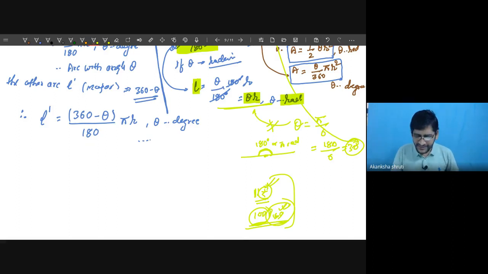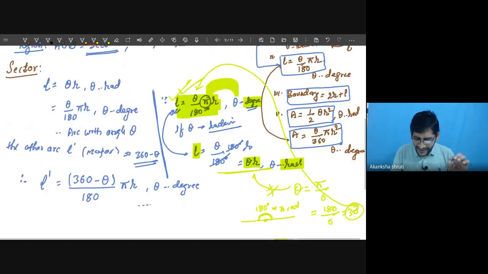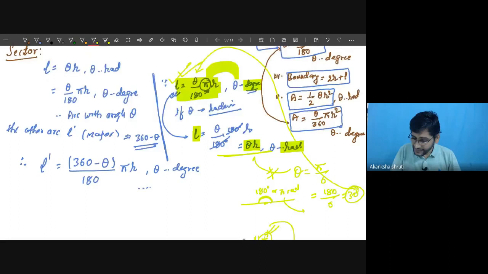In a similar fashion, you can understand that this degree is 180 and this pi is radian. When we use pi as a numerical value, we can use it as 22/7, or in decimal form approximately 3.14.